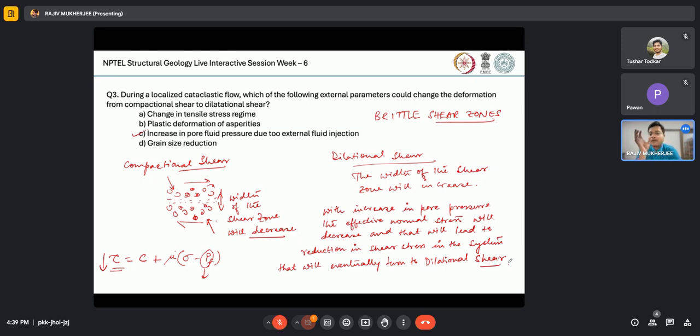So for a shear zone to become wide in the ductile shear domain, the fluid won't be a key component controlling the deformation. But for brittle shear zones, the existence of external fluid will eventually lead to the dilation or widening of the shear zone through this kind of mechanism.